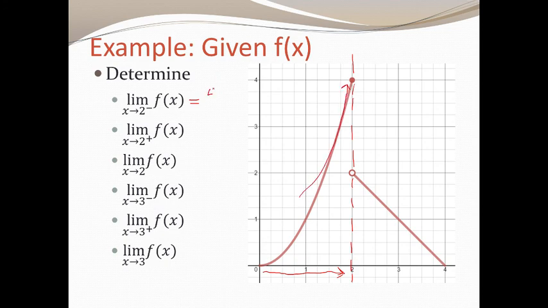So this is 4. Sorry, I was sneezing, didn't want you guys to hear that. So as x goes to 2 from the left side, my function goes to 4. Now let's change colors.